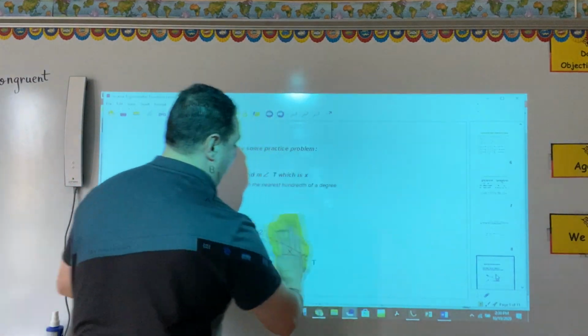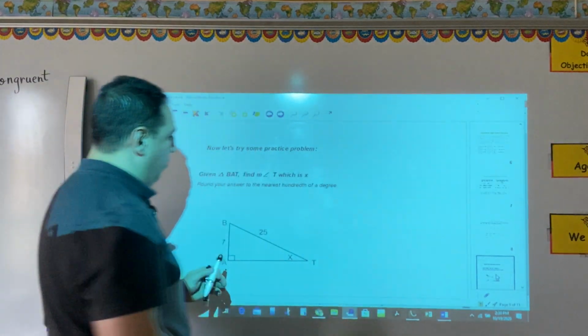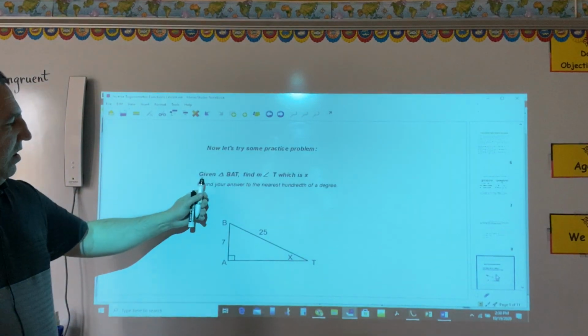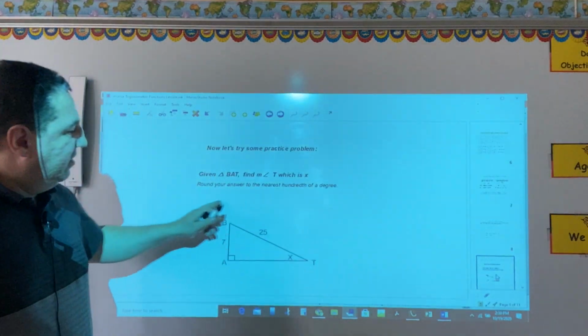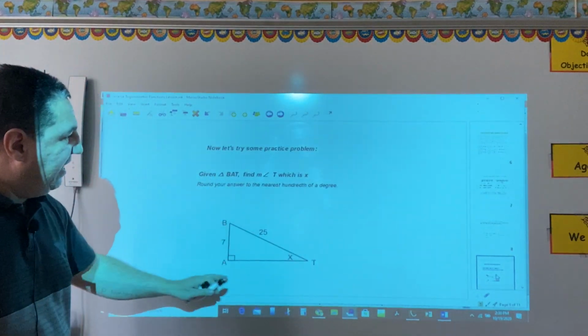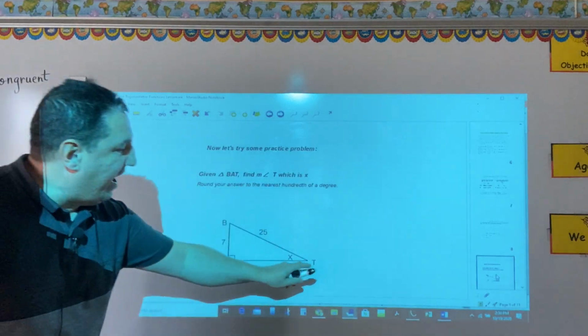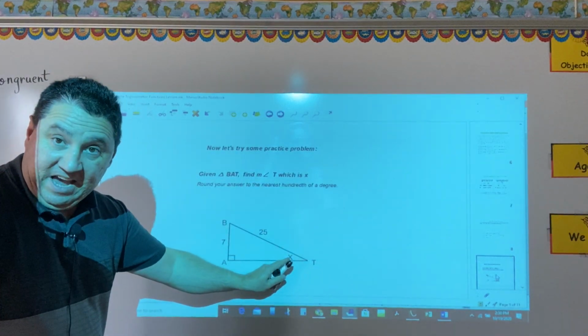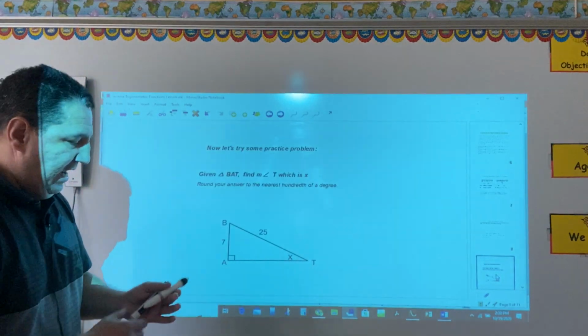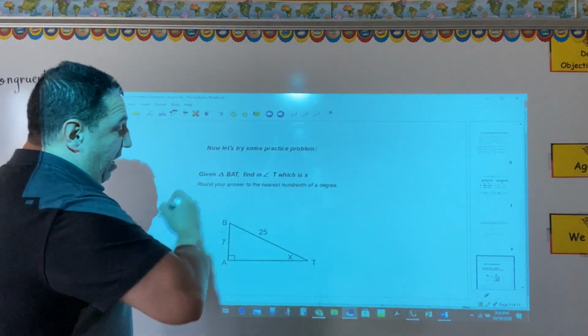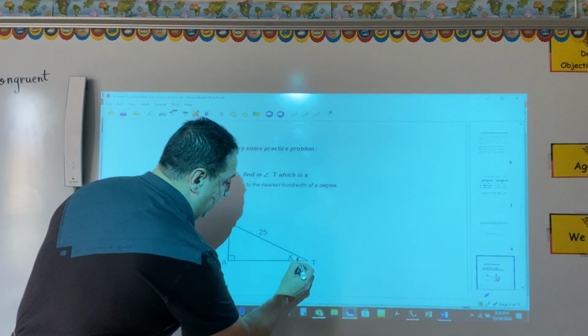Now, in this example, given right triangle BAT, find the measure of angle T. The angle T is denoted by X. Now, we mark the angle first, right?